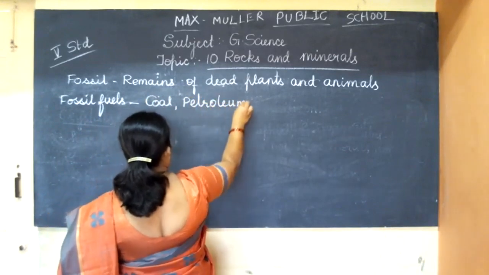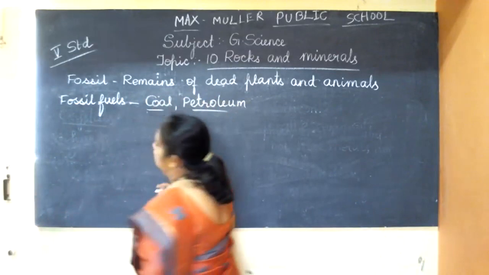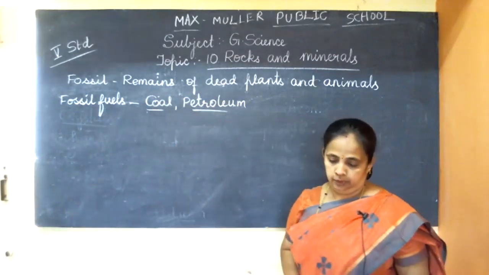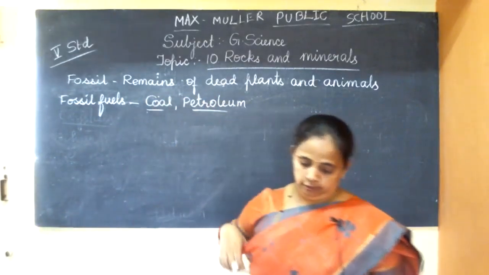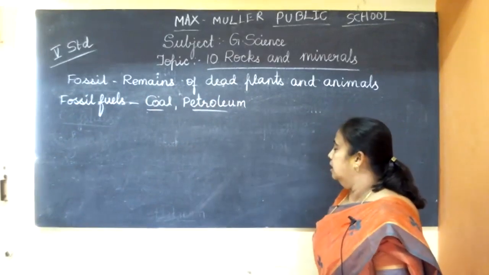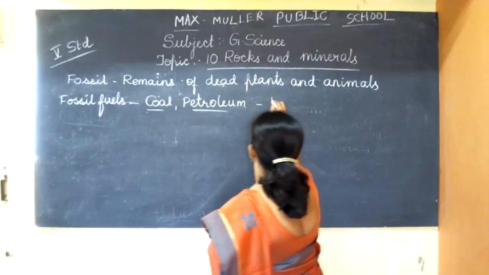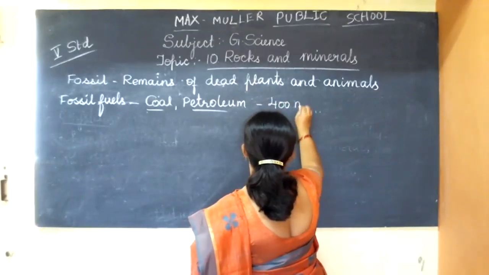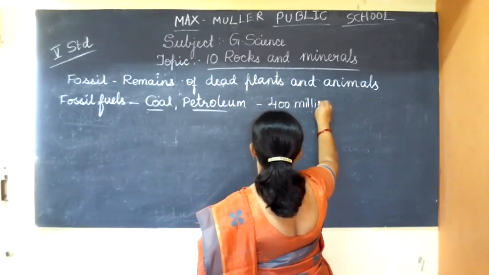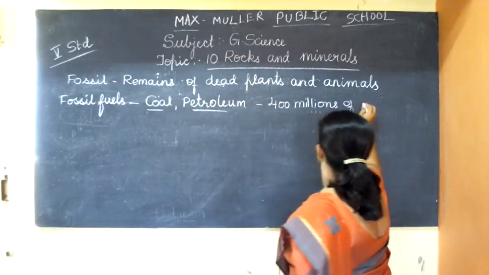Coal and petroleum are called fossil fuels. These coal and petroleum are formed over 400 million years.